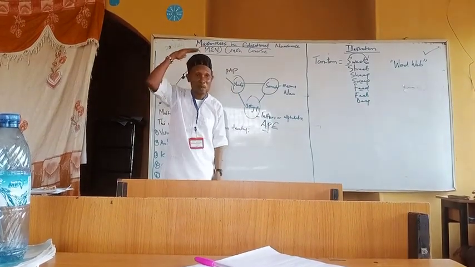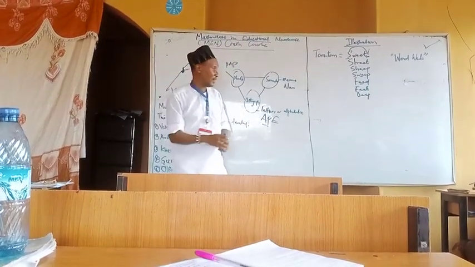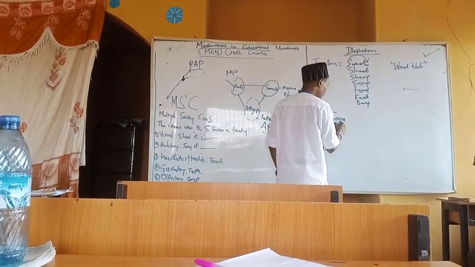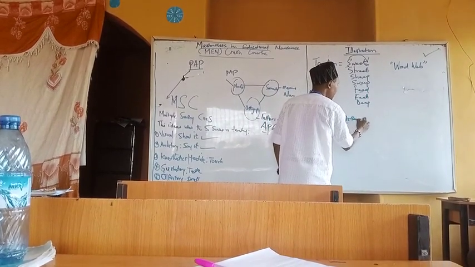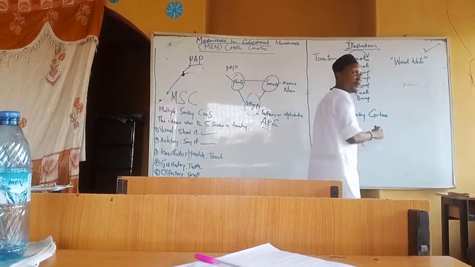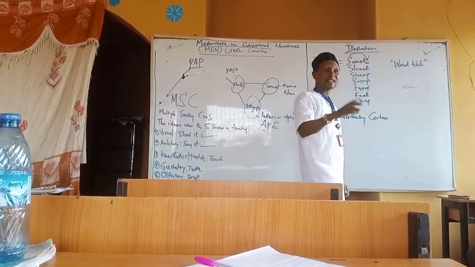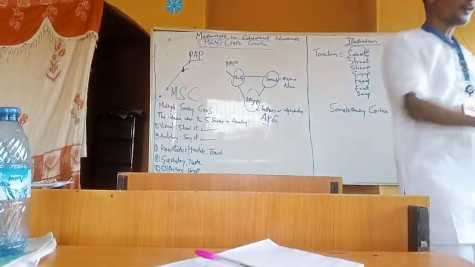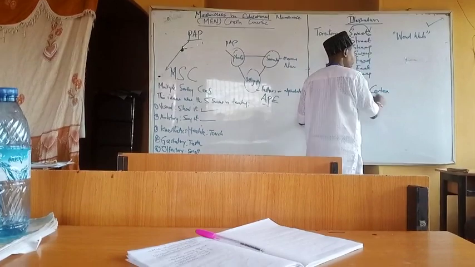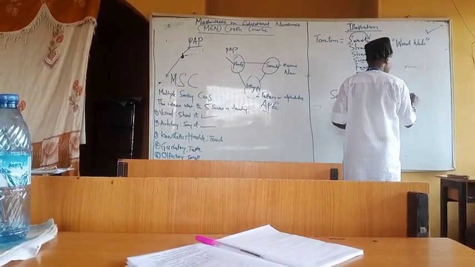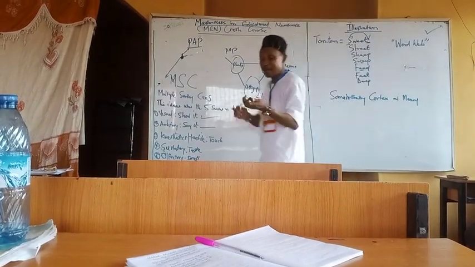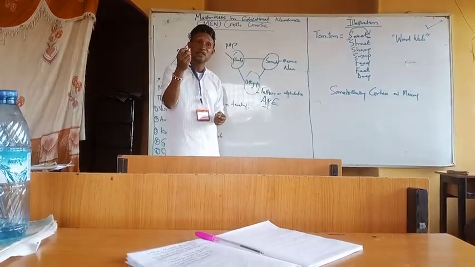There's something called the somatosensory cortex. Cortex means brain. That is where touch and memory will be stored.